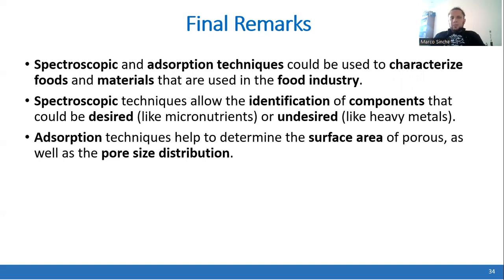The spectroscopic techniques allow the identification of specific components, which in some cases are desired, for example, micronutrients, but in other cases are undesired, such as heavy metals. While the absorption techniques will allow the determination of the surface area and the pore size distribution of porous solids.